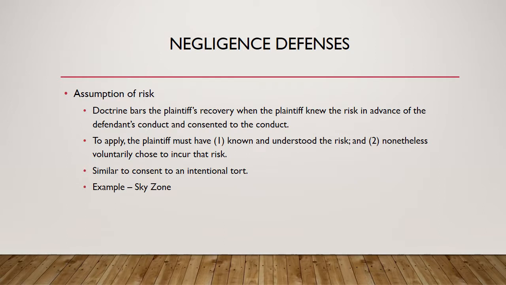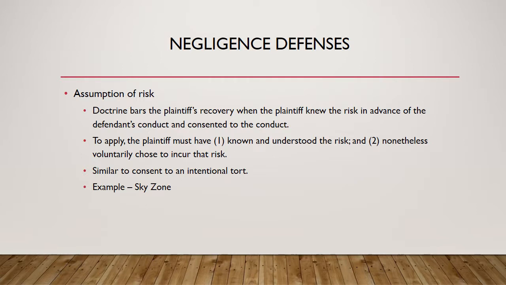There, you were consenting in a sporting event to the touching that could cause harm. In this instance, it's similar. You're consenting to conduct that has a risk and could cause injury or harm to you.